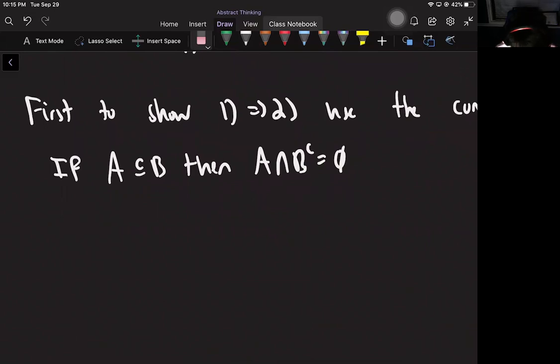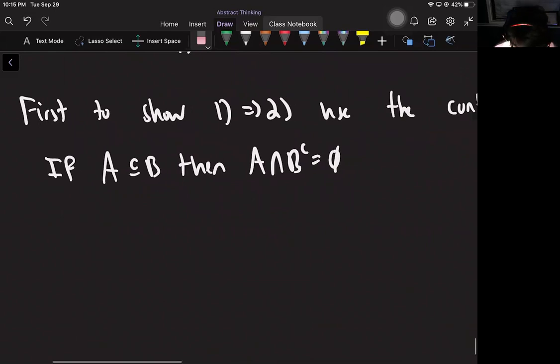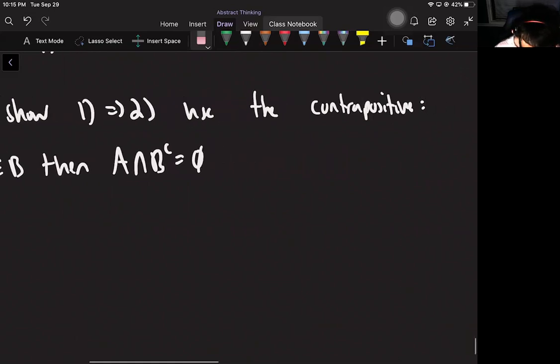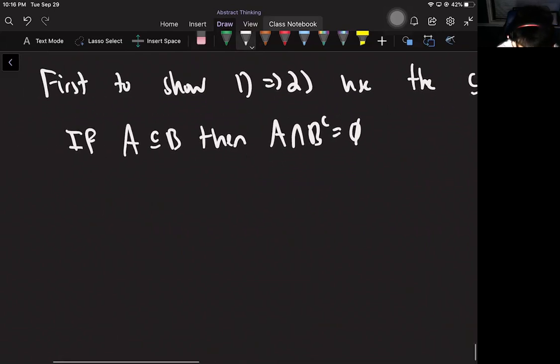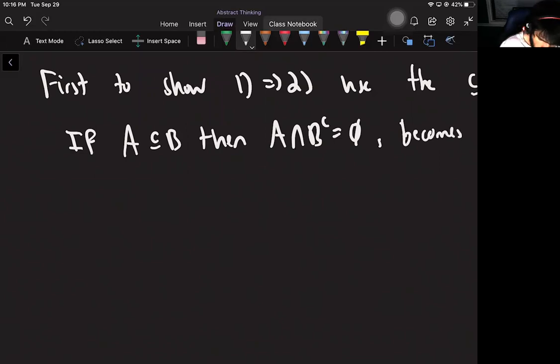Okay. So we're trying to prove this, but we're going to use the contrapositive just because somebody decided that that was easier. You can try without the contrapositive and see. So what's the contrapositive? You negate the hypothesis and the conclusion, and you switch them. So equaling the empty set becomes not equaling the empty set.